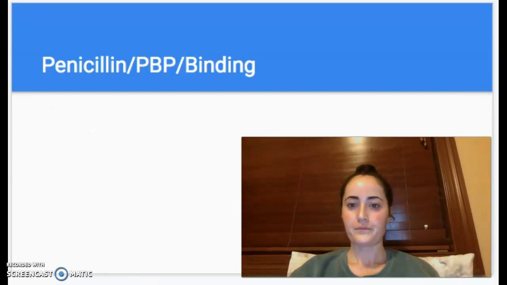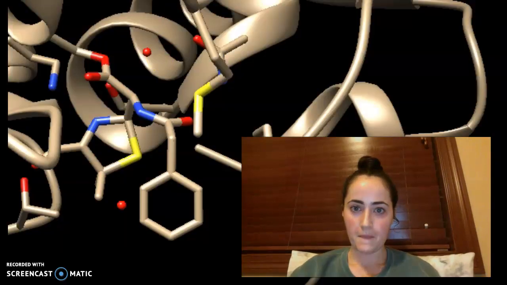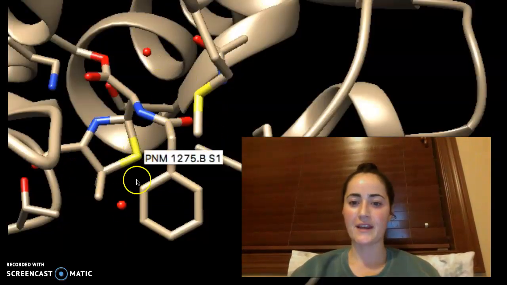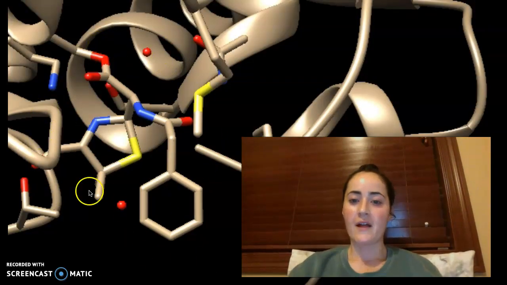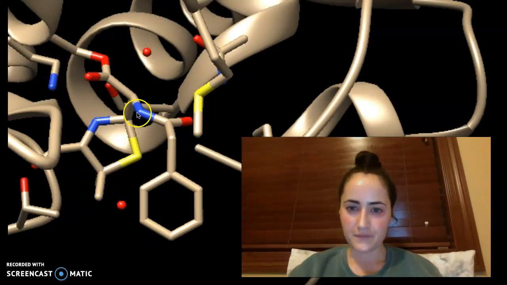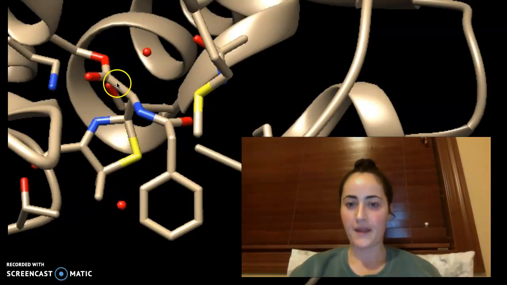Okay, so as you can see here, we have penicillin, and it doesn't have the beta-lactam ring shown fully. If it did, it would be formed right here, as you can see in the structure.